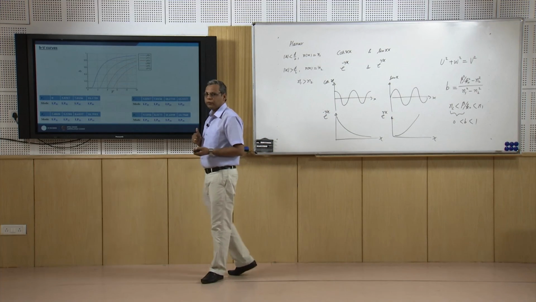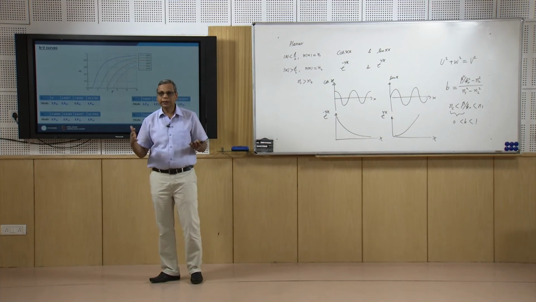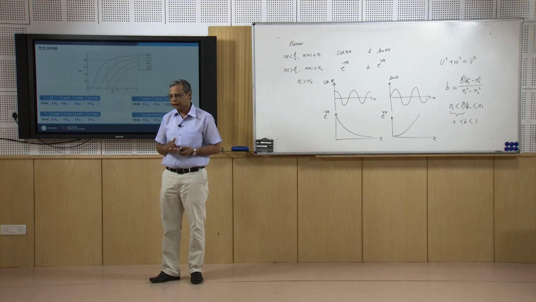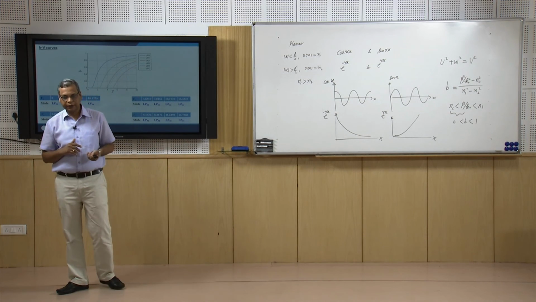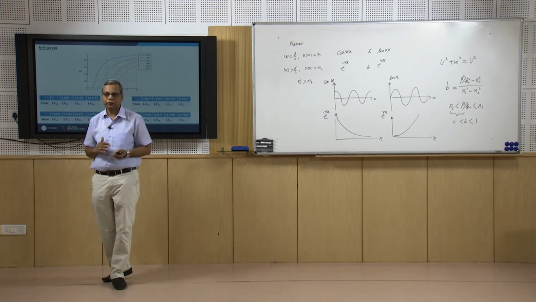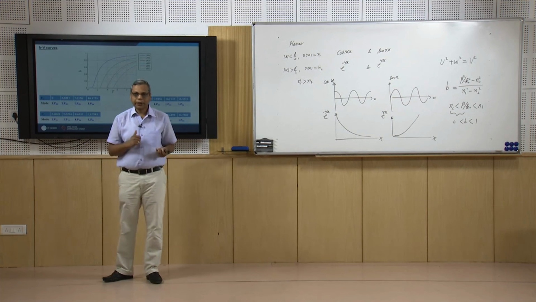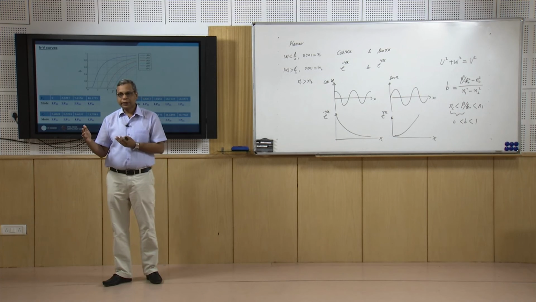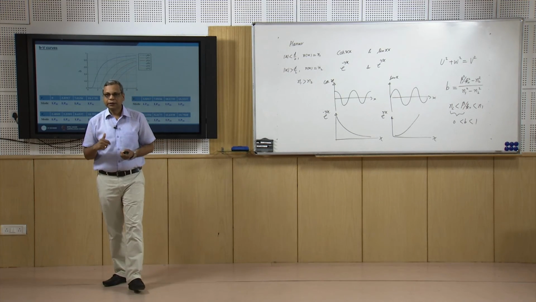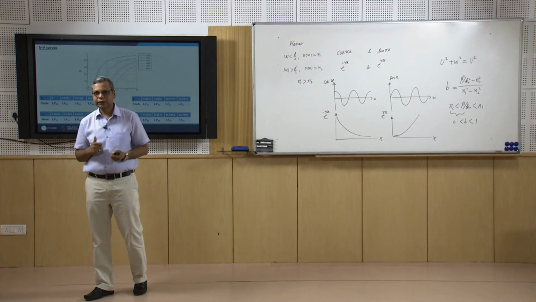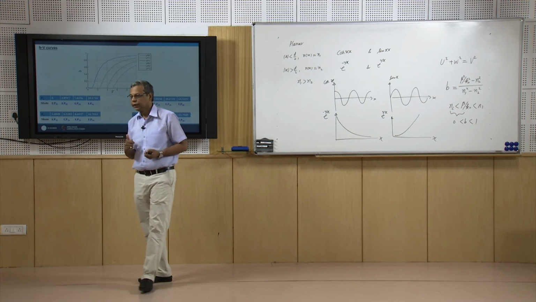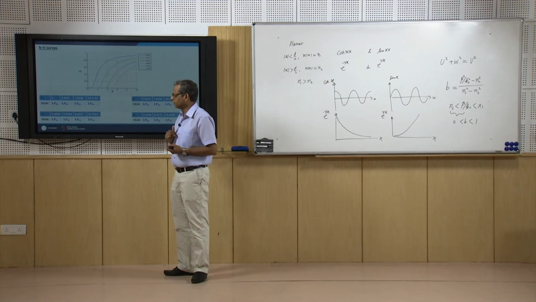Now, if I want to find out how many modes are guided, then it is not as easy as it was in case of planar waveguide, where I just calculate the value of V, divide by pi by 2, get the number and take the closest greater integer. It is not that easy here.